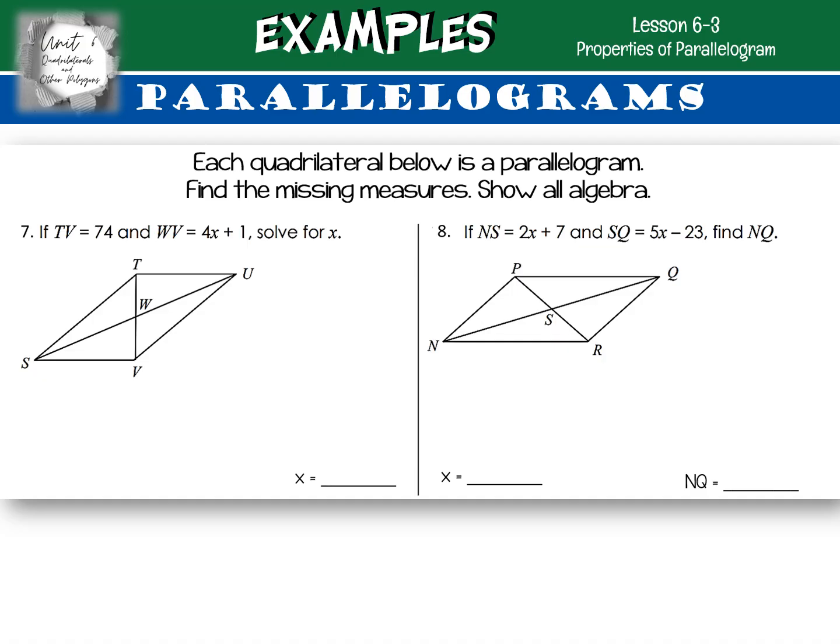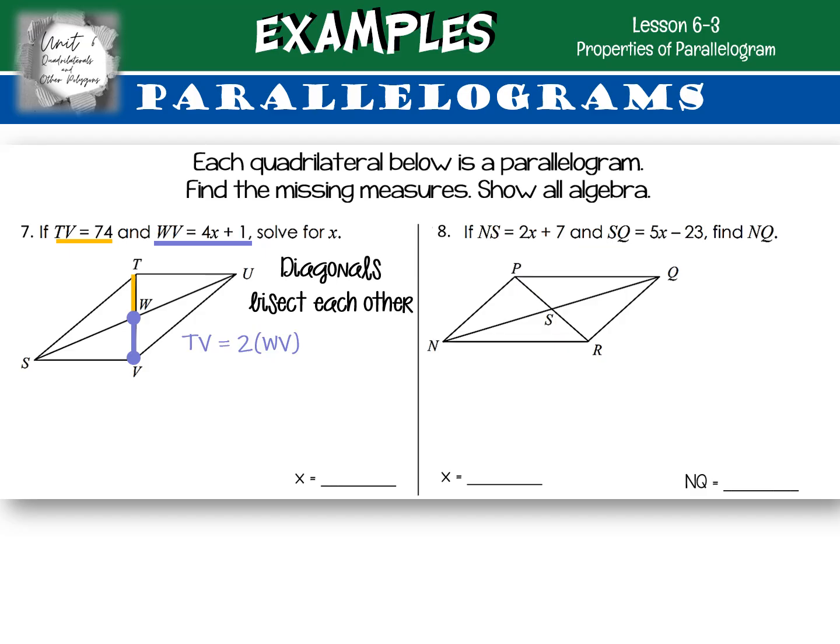Number 7. If TV, length of segment TV, that whole diagonal, is 74, and length of segment WV, just this part, is 4x plus 1, then TV is going to be double the length of segment WV because diagonals bisect each other.